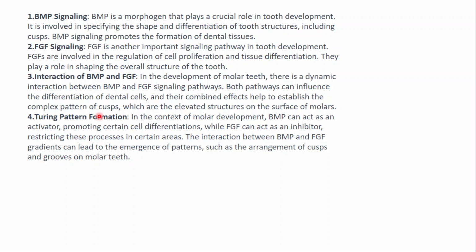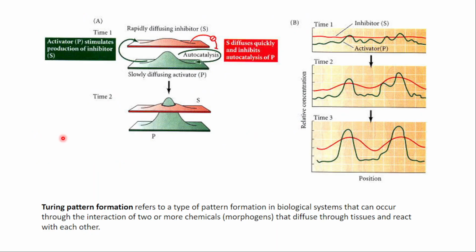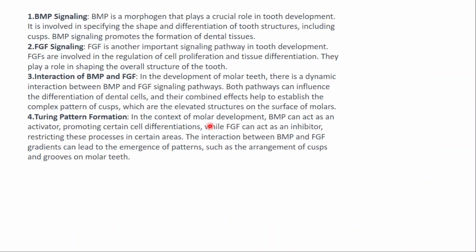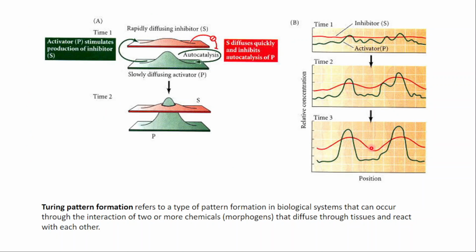And how does it fit into Turing pattern formation? In the context of molar development, BMP can act as an activator. So this is what I was talking about. The green line here represents the activator, promoting certain cell differentiation, while FGF can act as inhibitor, restricting these processes in certain areas. So this inhibitor will only restrict the cell proliferation in these peaks where the BMP is active.